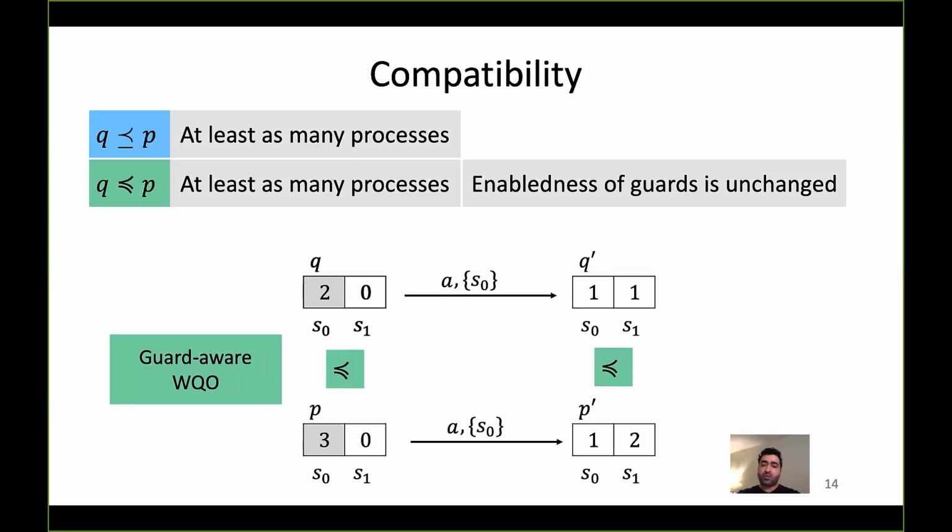So in order to make sure that P prime is always bigger than Q prime, we came up with well-behavedness conditions that you can check locally on the process definition. So the nice thing about this guard-aware well quasi-order is that in a system with no guards, this well quasi-order works exactly like the old well quasi-order, and the well-behavedness conditions are trivially met.